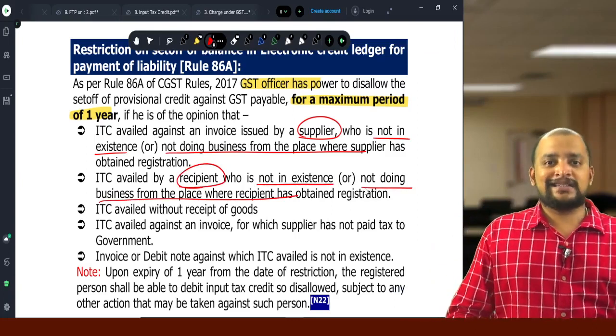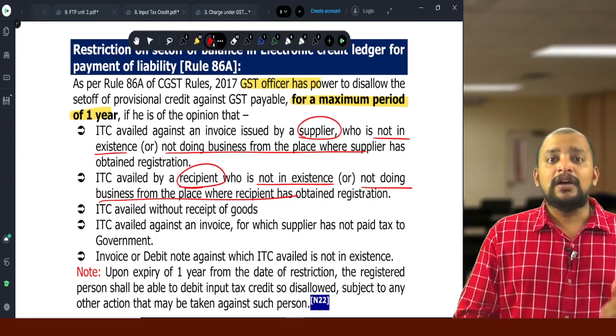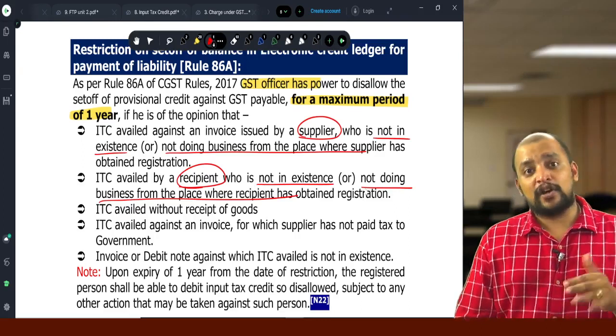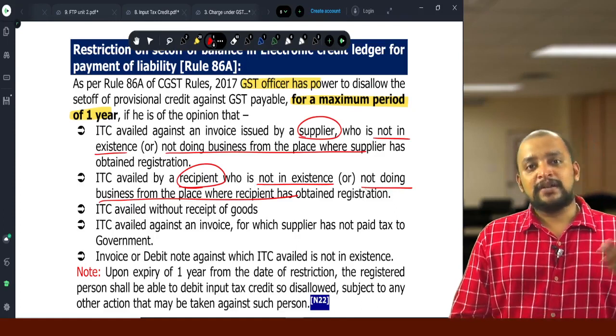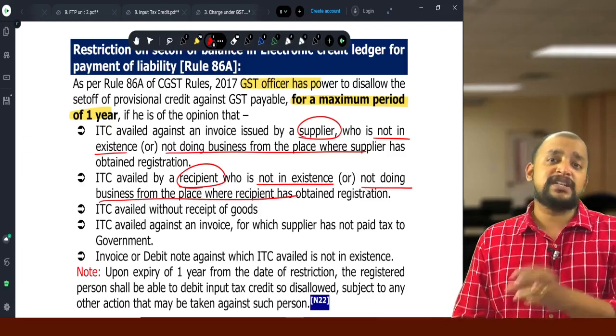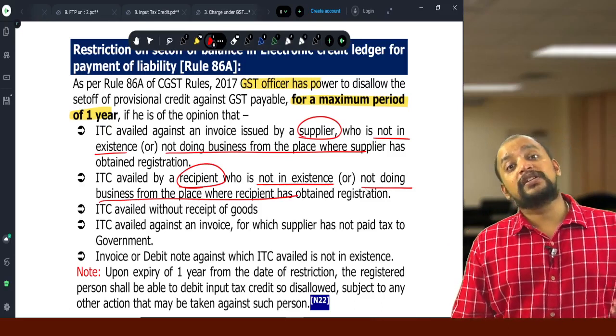So, either the supplier is not traceable, or doing business in a different place. So, two things: the recipient is not traceable, but the return is filed, or he is traceable but not doing business in the place where they have obtained registration.